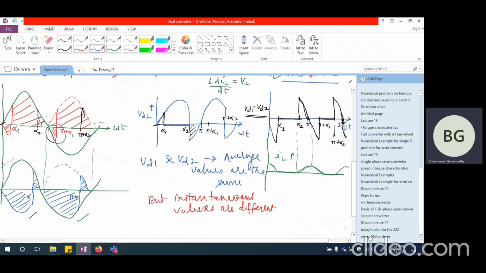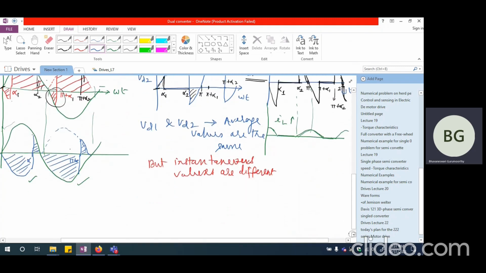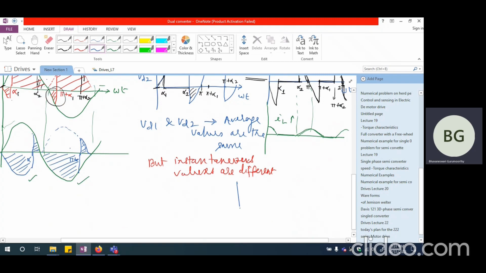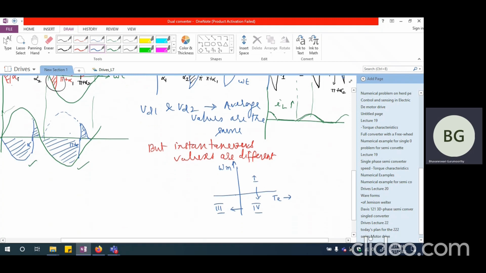So it will allow a seamless operation of going from quadrant number 1 to quadrant number 4, and then to quadrant number 3, which is reverse motoring. This is the omega m axis and this is the TE axis. So this will be able to offer all four quadrants of operation.